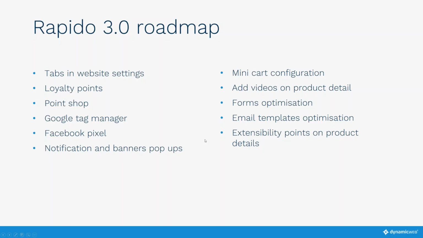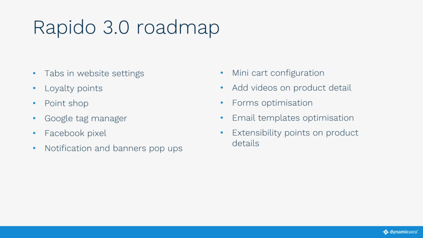So, the 3.0 roadmap, that's the release for September. One big thing is the tabbed website settings, because as you saw when Jennifer started the demo, we need to search to find the right setting. And we're working on a couple of new features for items in Dynamicweb that will make it easier to find the right setting and create large item types.